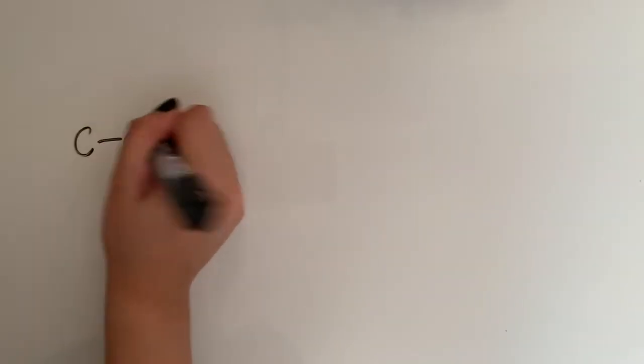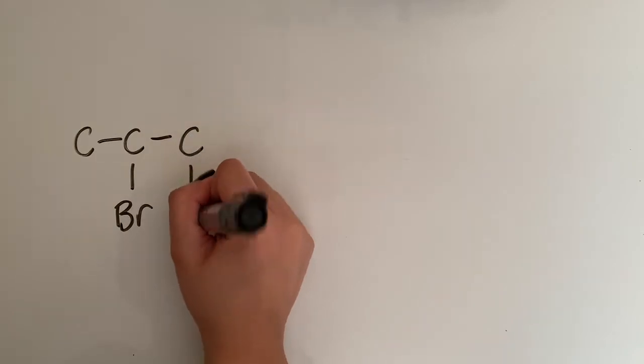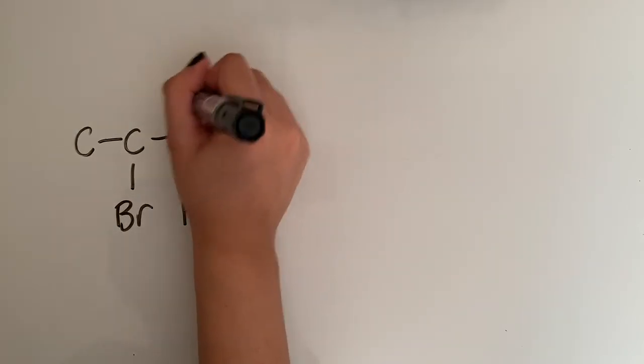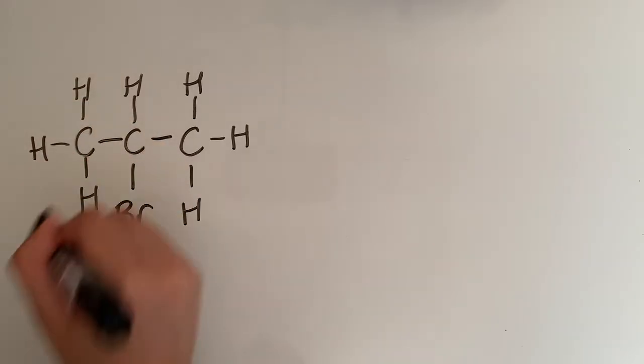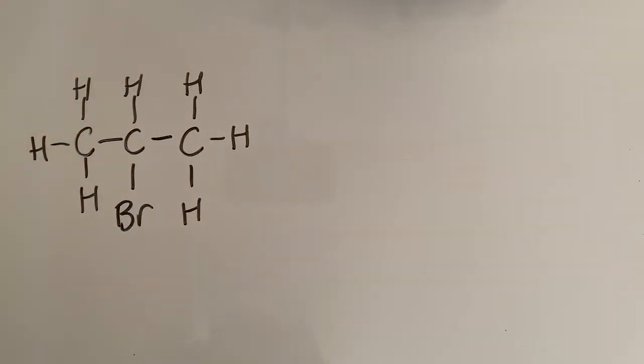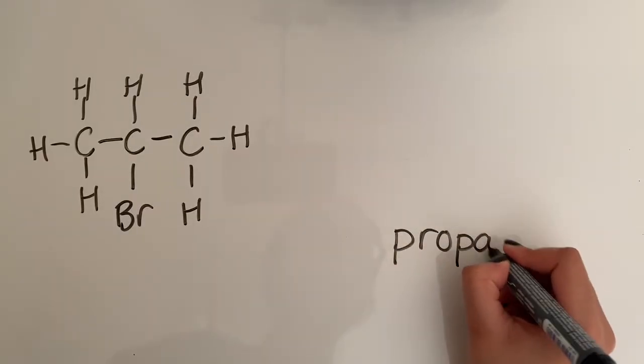Right, next one that we'll look at, we'll go for a longer carbon chain. In this one, the longest carbon chain is propane, so it's going to end in propane.